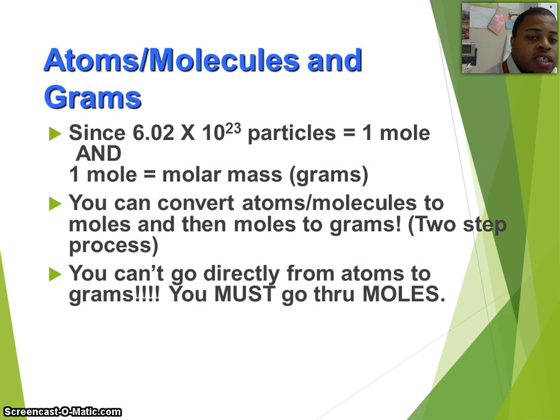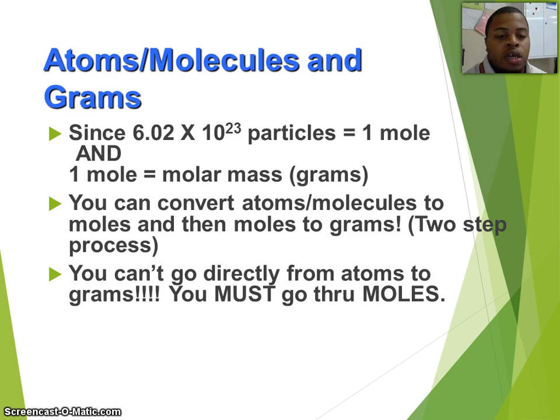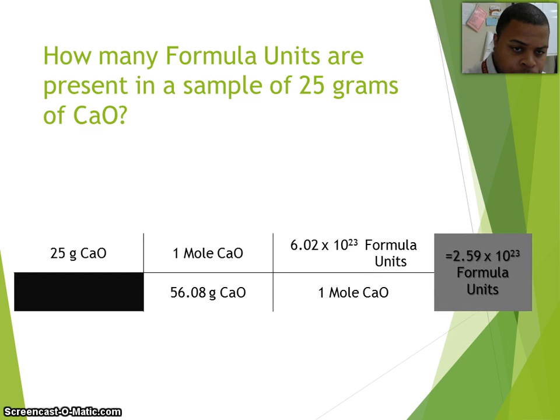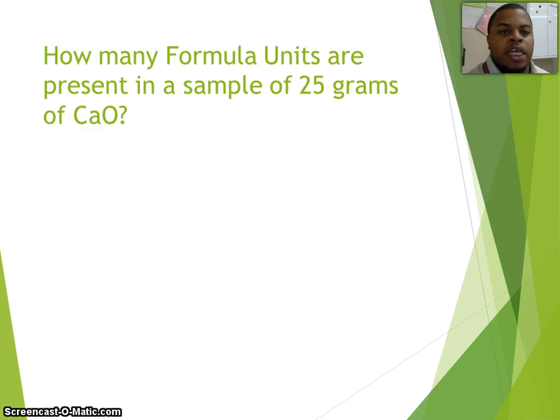Now, since 6.02 times 10 to the 23rd particles equals 1 mole, and 1 mole equals a molar mass in grams, we can use these to go directly from one to the next. Now, the question is, how many formula units are there in 25 grams of calcium oxide? If I'm using my same information, I know that I have 25 grams of calcium oxide.